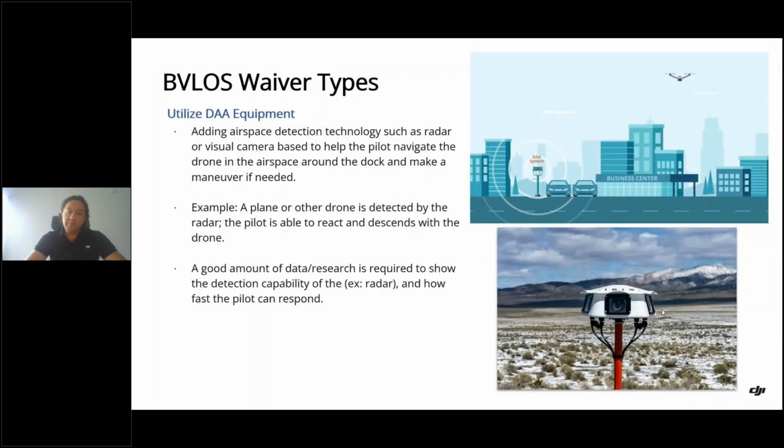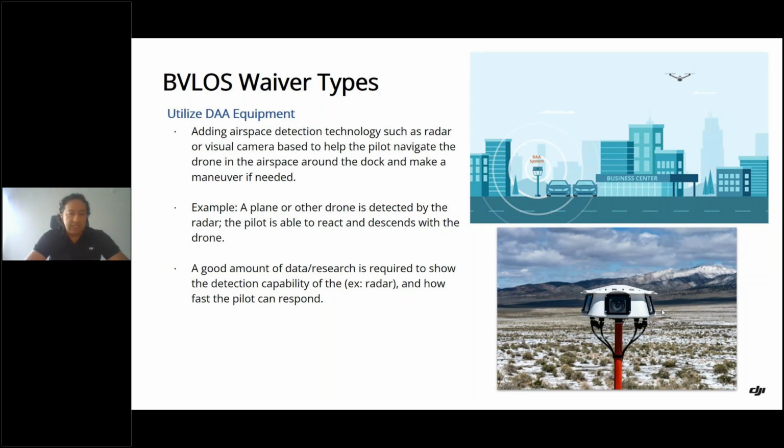And the third type of waiver that you can use, certainly for BVLOS operations, is using detect and avoid equipment. This is typically systems on the ground that are used for airspace detection, such as radars or visual cameras, and is essentially giving situational awareness to the pilot on the surroundings of the operational area.